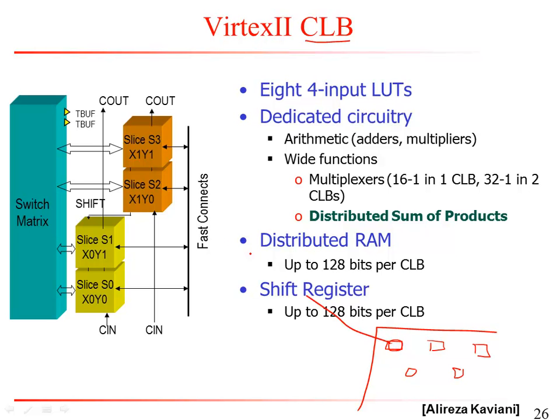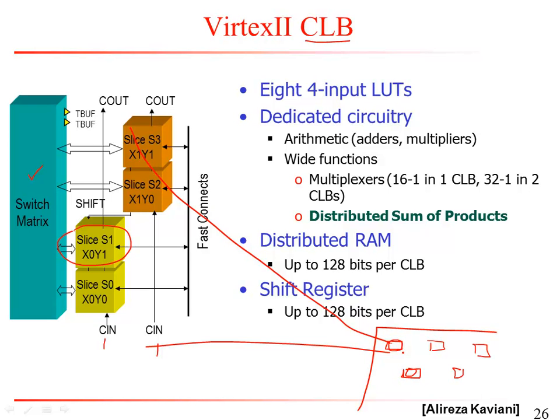So one of these is now this whole thing here, and has carry chains. It has the slices, and inside this slice you have lookup tables. So you could have two lookup tables inside one slice, and then you have a switch matrix, which is usually much richer compared to the switch boxes that you have external to the CLB.